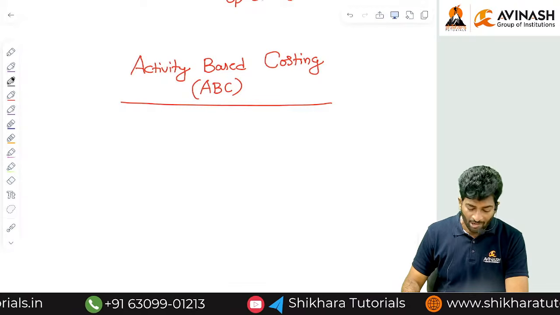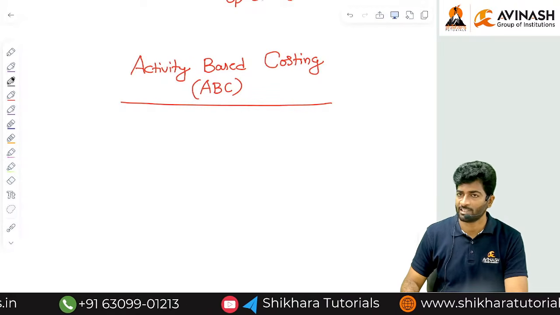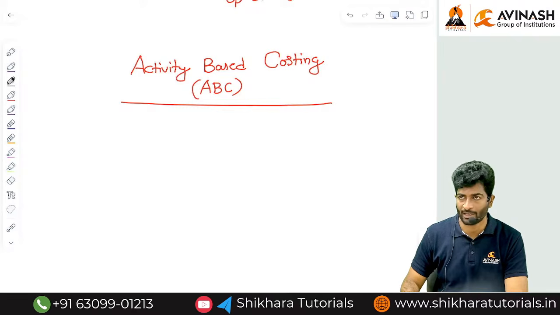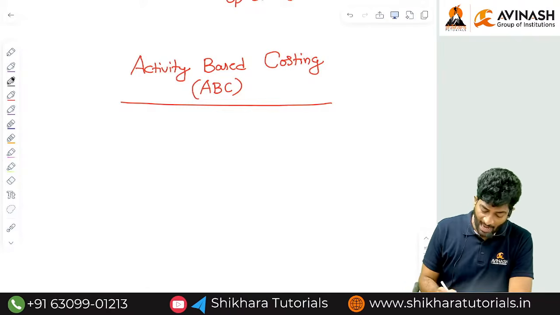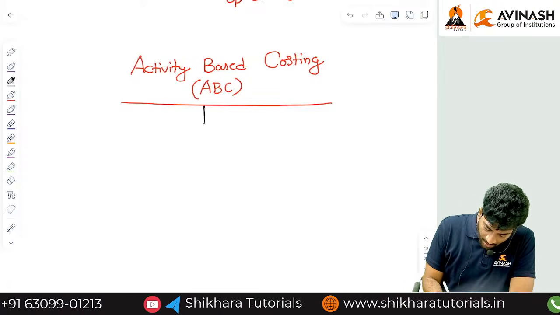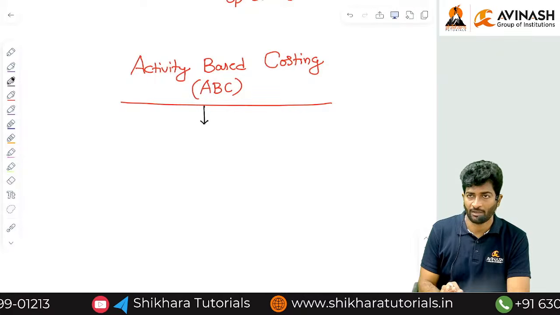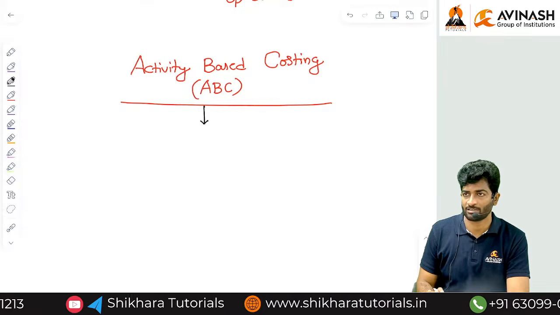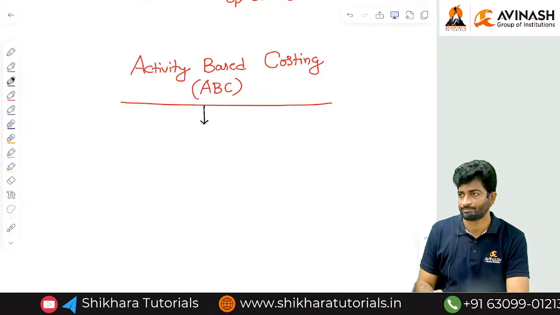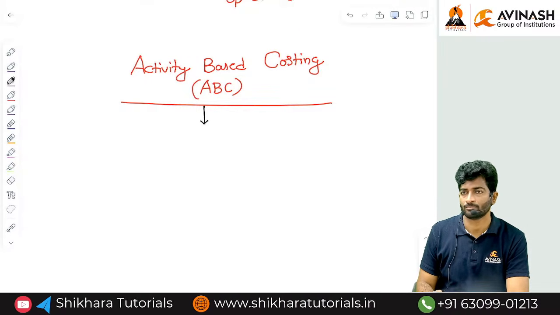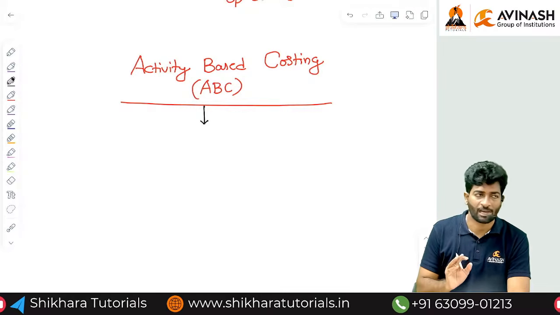I think you have this chapter in your CMA Inter second group, right? Management accounting, right? Okay. Activity based costing. What have you done in your CMA Inter under the ABC system, activity based costing? What have you done in the chapter?